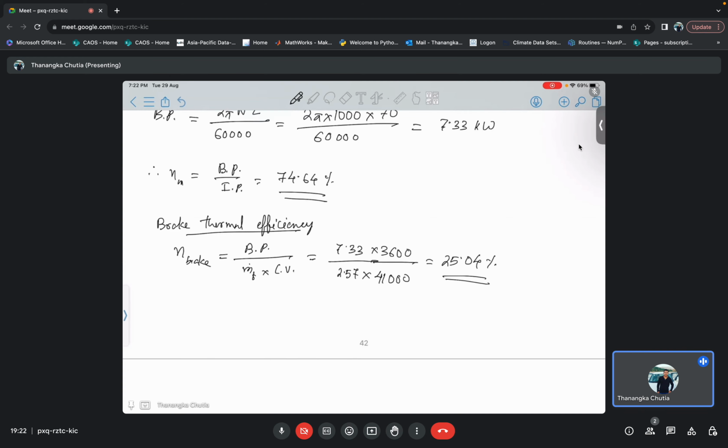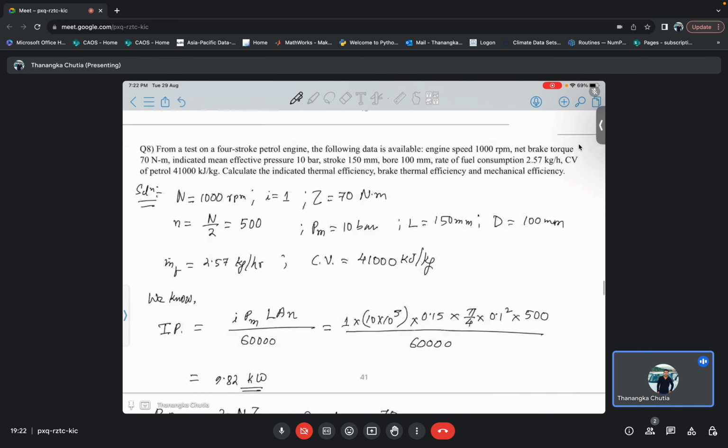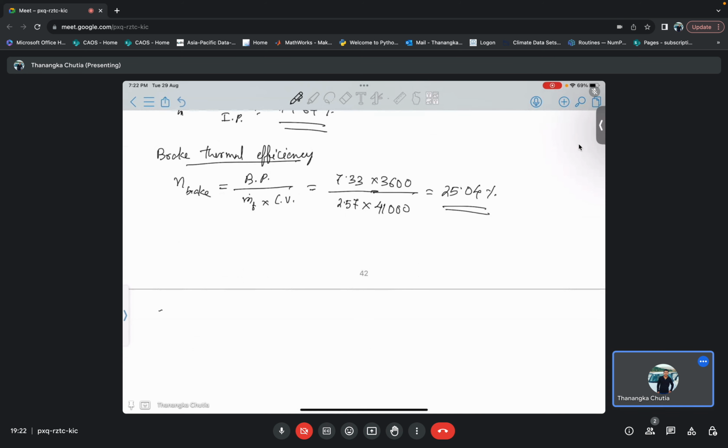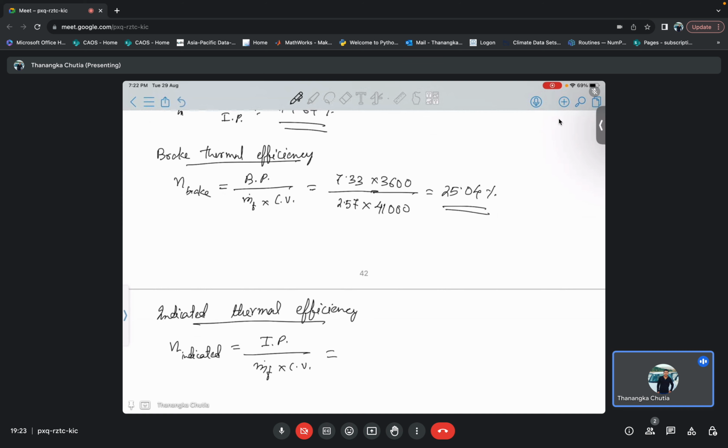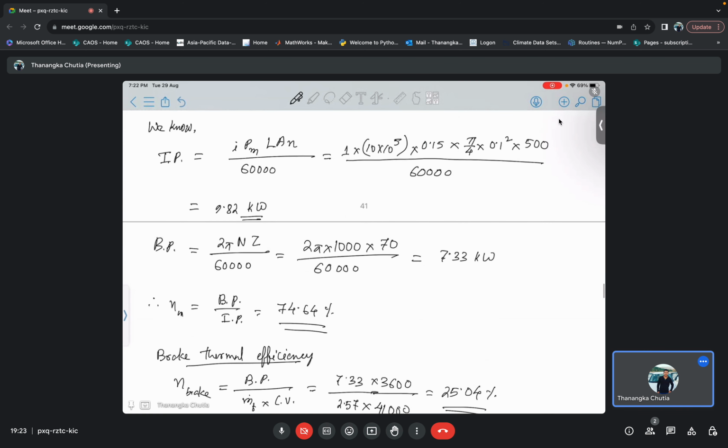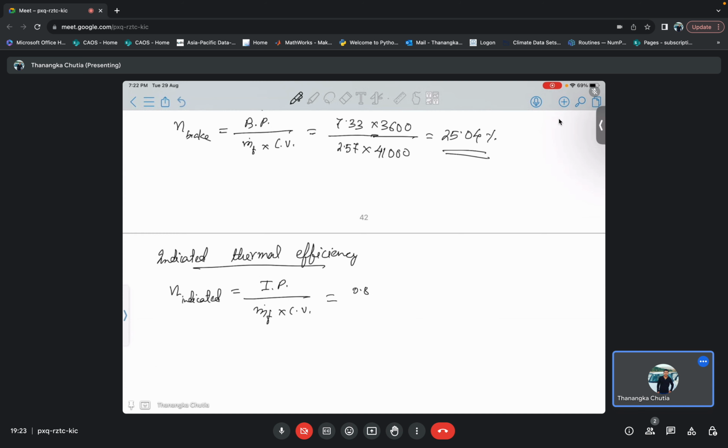Next is indicated thermal efficiency. So eta indicated will be equal to nothing but indicated power divided by mass flow rate of the fuel into calorific value. Similarly this will be equal to 9.82 divided by 3600. Why is it done?